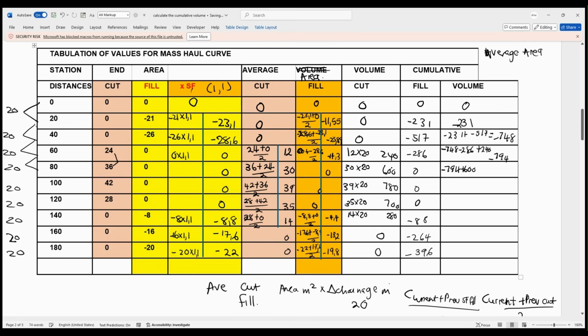Why plus? It's a positive sign here. We get negative 194.